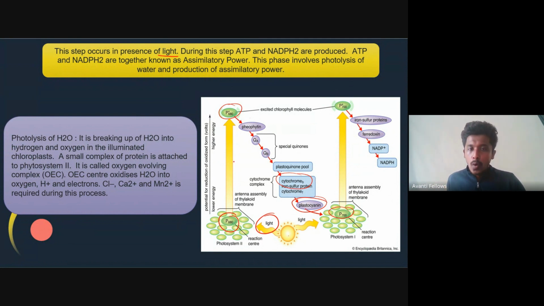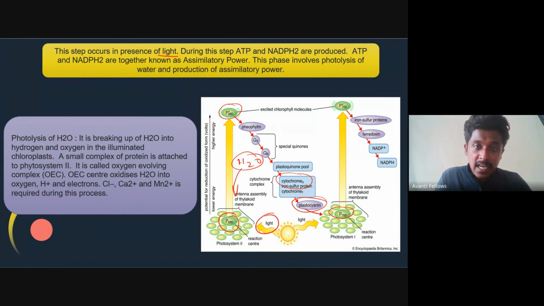So water becomes a very important source for photosystem 2 to supply its electrons. Water is broken down into hydrogen, oxygen, and electrons. Ions such as chlorine, calcium, and magnesium are required during the process for the transportation of these electrons down the redox potential. Understood?